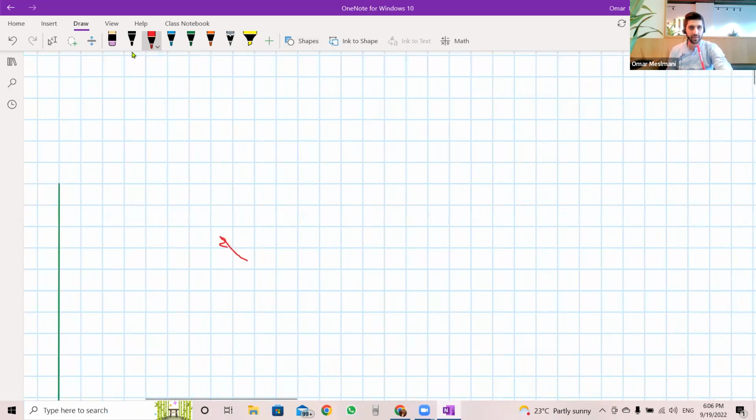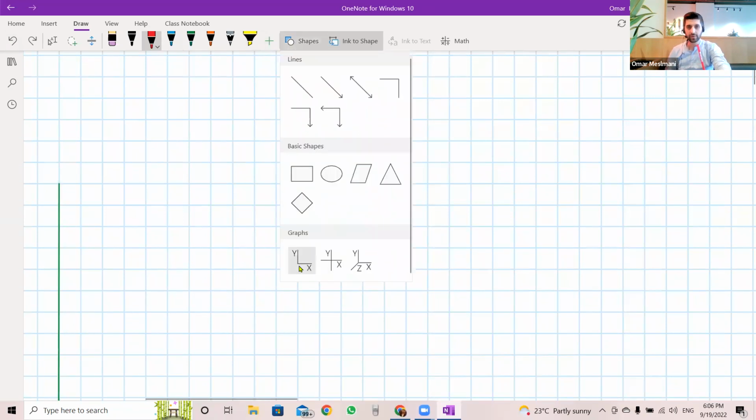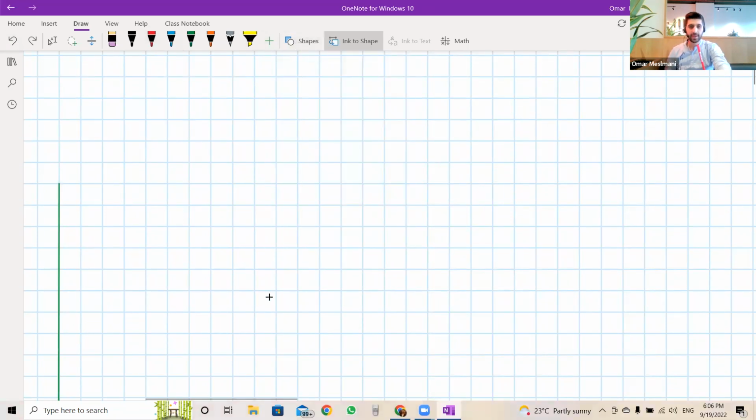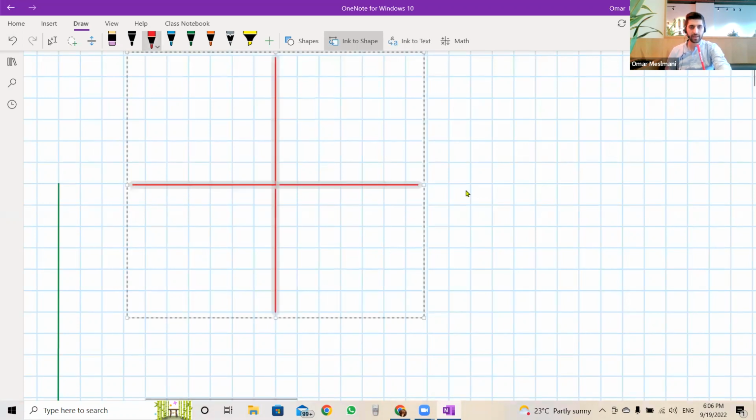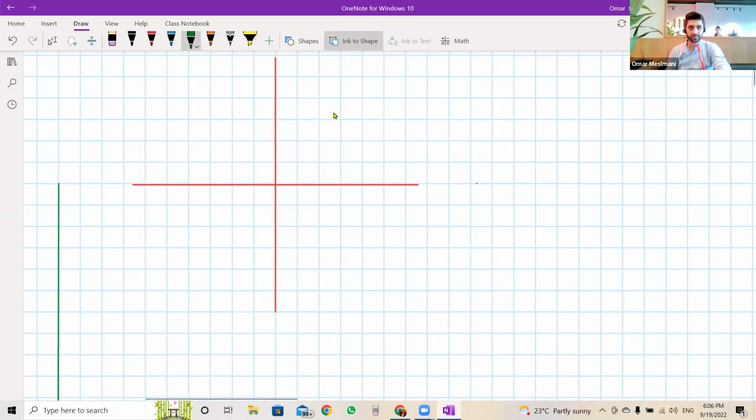Again, if you have a circle, let's talk about the circle in a coordinate plane. That's an important piece of information.